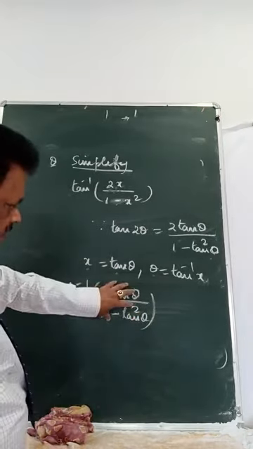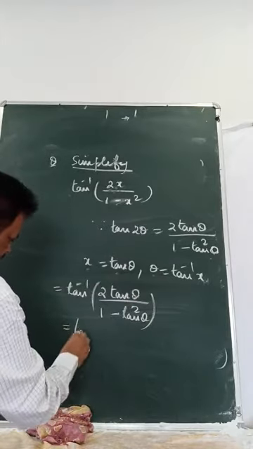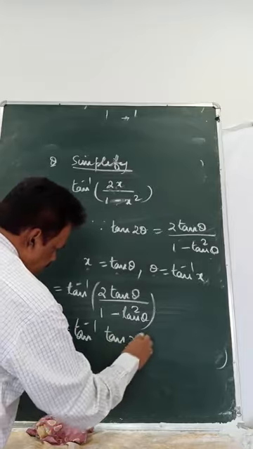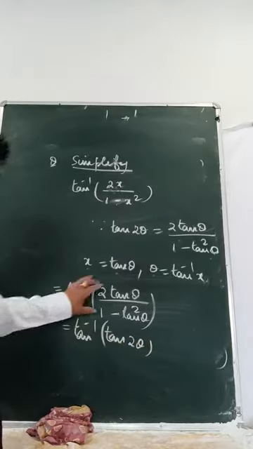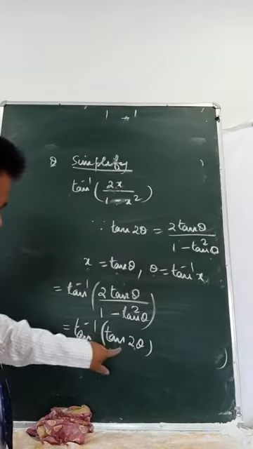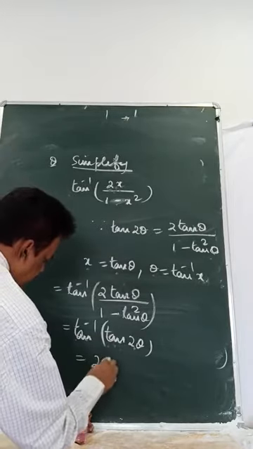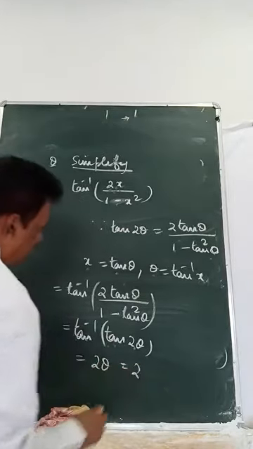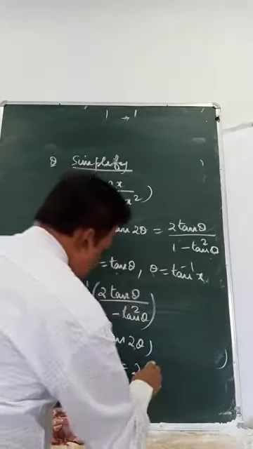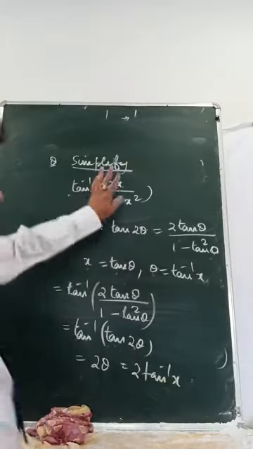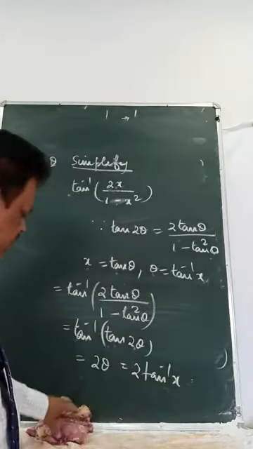This part became tan inverse tan 2 theta, because this will be tan 2 theta. So tan inverse tan cancelled. You are getting 2 theta. Theta means tan inverse x. Okay, we started with this simple question. Let's continue. Let me take one more.